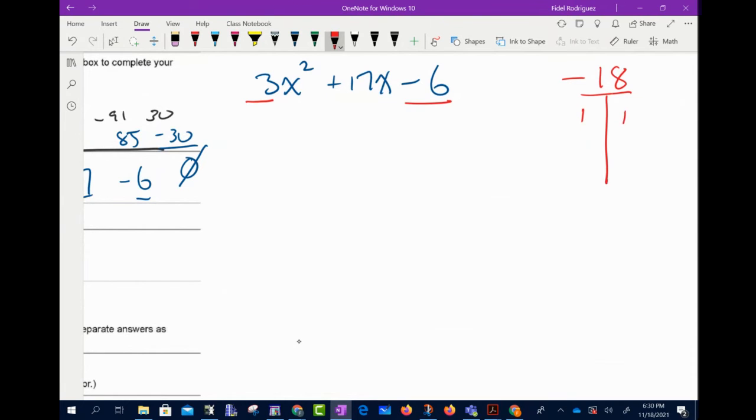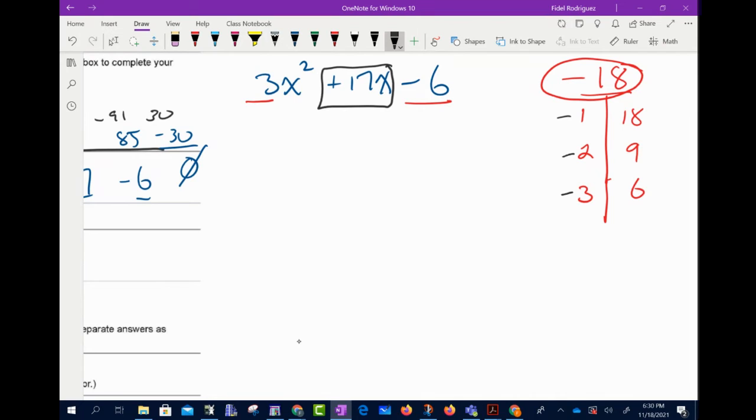Then I make a list of all the numbers that multiply to 18. I don't want just 18, I want negative 18. I'm looking for two numbers that multiply to negative 18, but when I add them together, I get positive 17. If I add straight across, that's 18 and negative 1, which gives 17. So those are the ones I want to use.